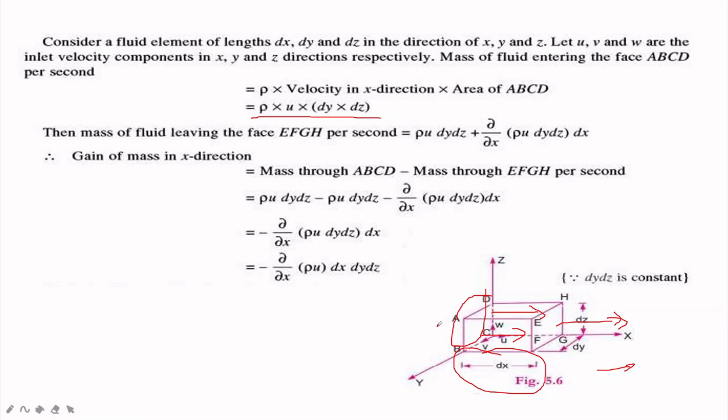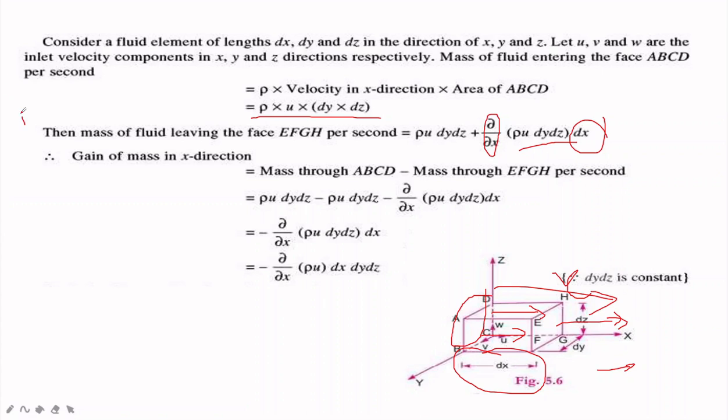So this energy, that is rho u dy dz, will go in the direction of x, right? So partial differentiation with respect to x of the mass of the fluid entering face ABCD along dx: dou by dou x of rho u dy dz dx.